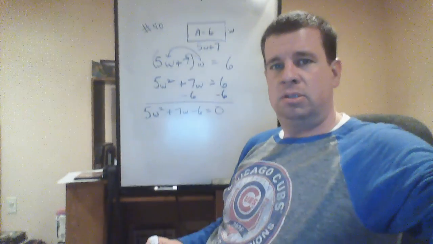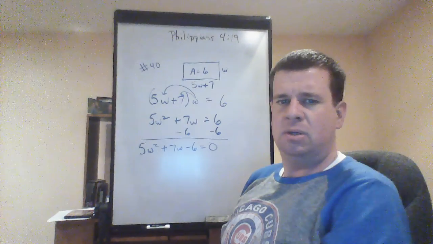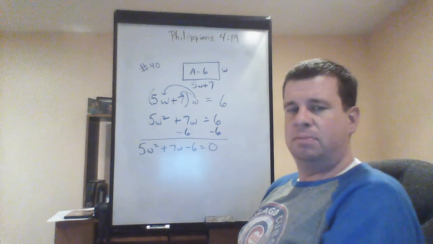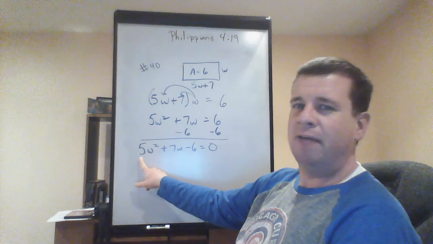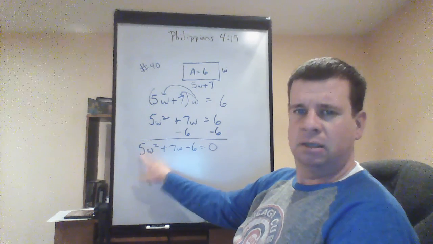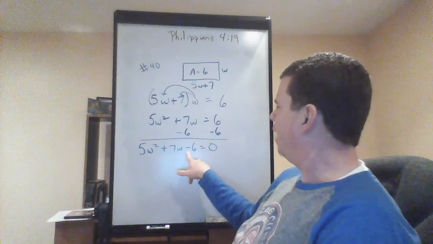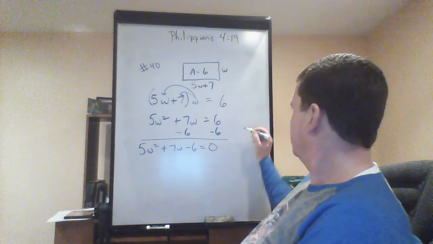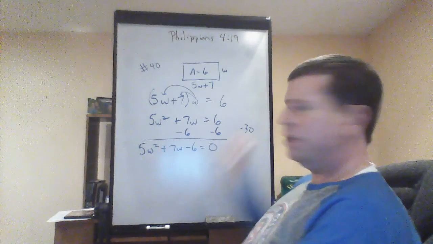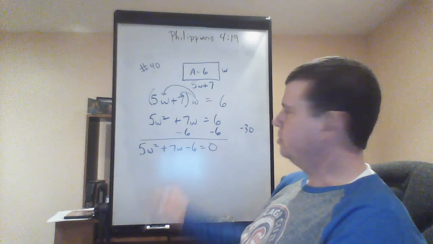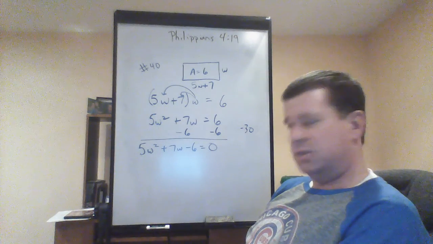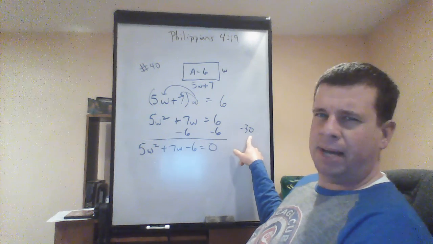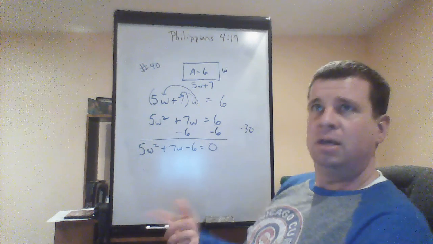I'm going to bring this down just a little bit so you can see more of the board here because I'm running out of space. So I need to factor this. And again, because of the 5 in front, I need to do factor by grouping. So 5 times negative 6 is negative 30. And now factors of negative 30 that add up to 7. Let's see, there's 15. Now again, one's going to have to be positive and one's going to have to be negative.